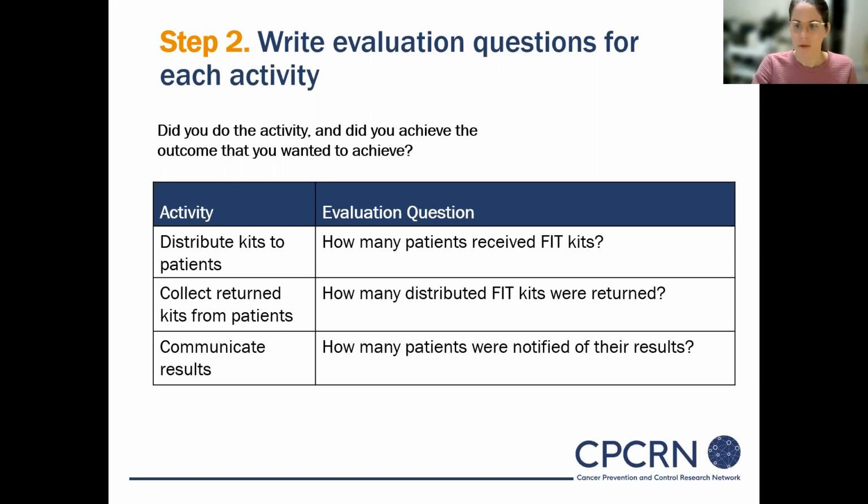You may even take that further to say how many patients with a positive test were referred for follow-up. And so these are examples for FluFit, for colorectal cancer screening, but you can do a similar thing for your own activities in your plan, thinking about whether or not you did the activity and if the activity achieved your outcome.